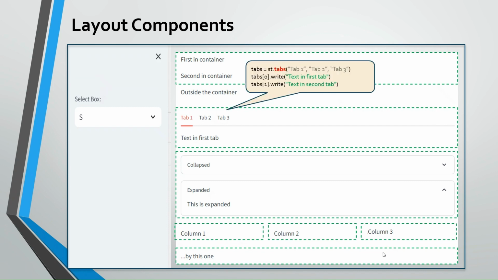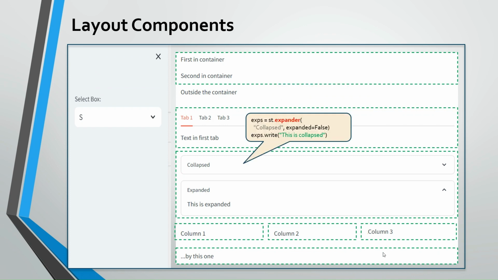st.tabs, as we've seen before, definitely you can pass an array of page names, and you can refer to individual pages instantiated this way to write something within or to populate the content. The expander, that's a collapsible panel, as we've seen before, and by default, expanded is false.